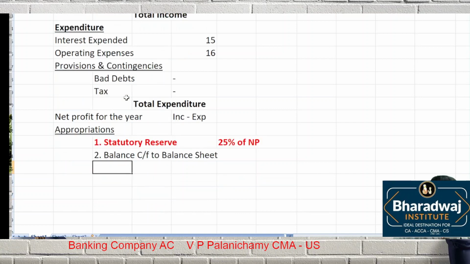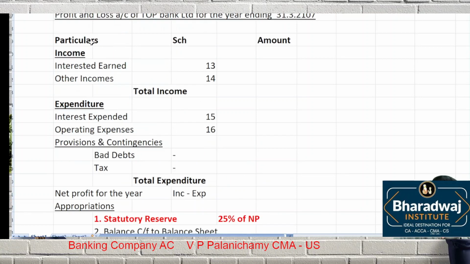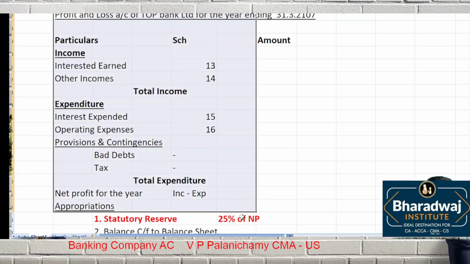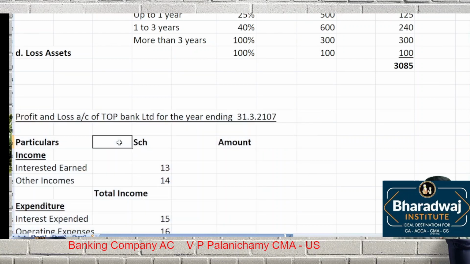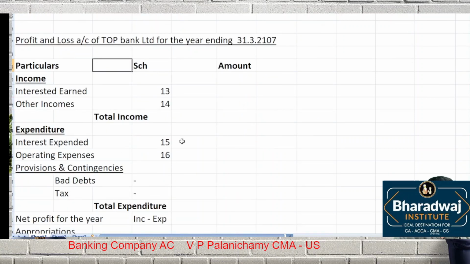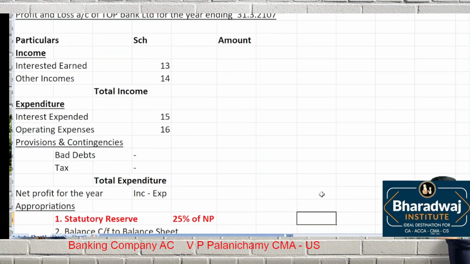We marked what will come in 13, 14, 15 and 16. Try it, work out and tell me. Prepare schedules 13, 14, 15 and 16. Bad debts and tax will come in the main P&L account itself.